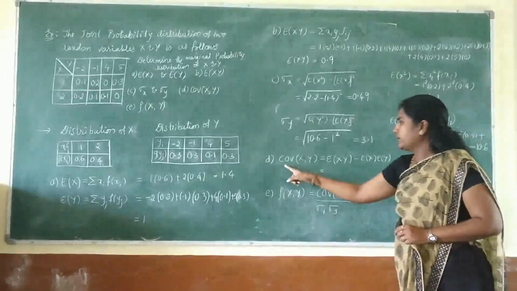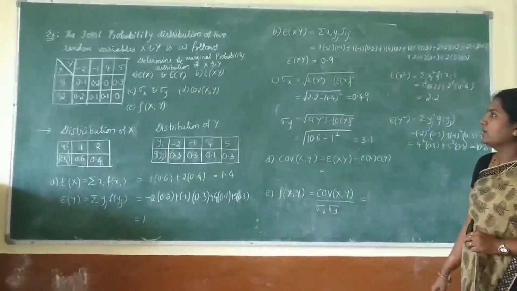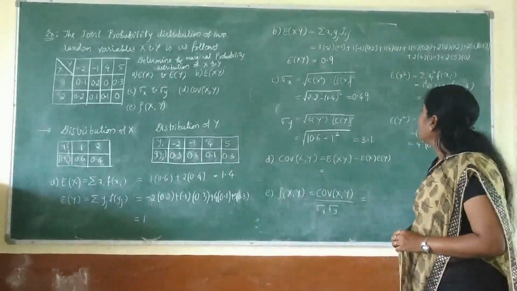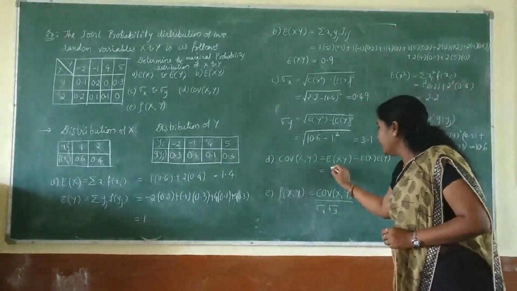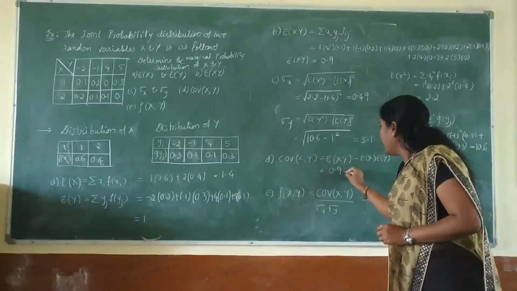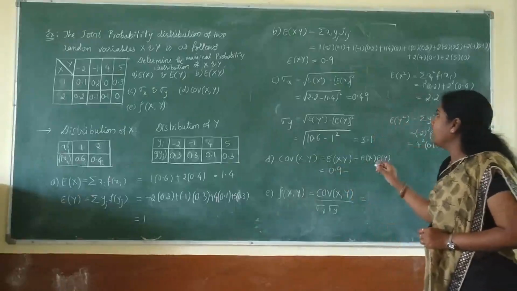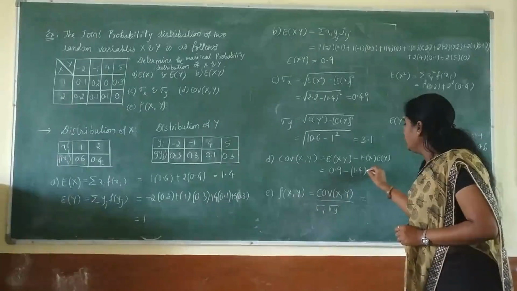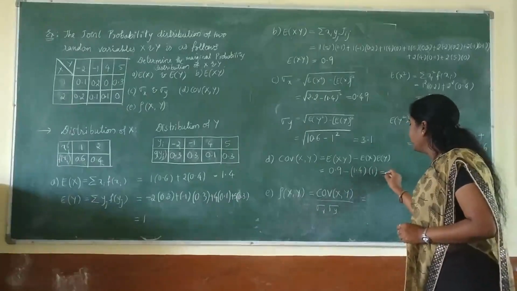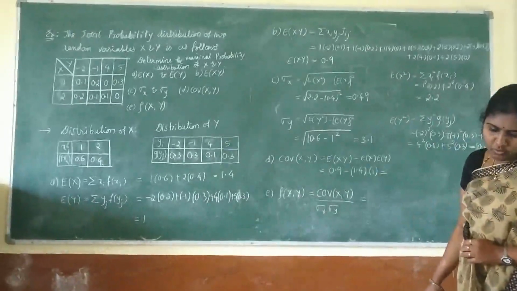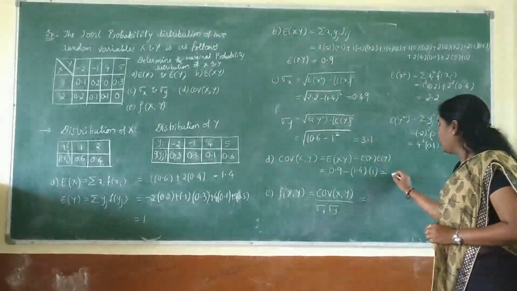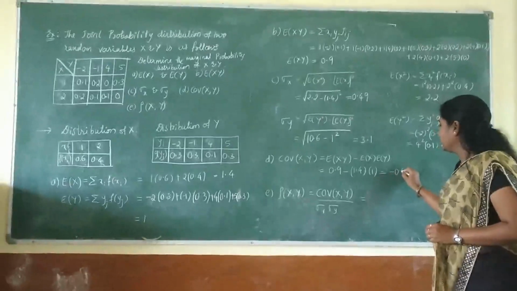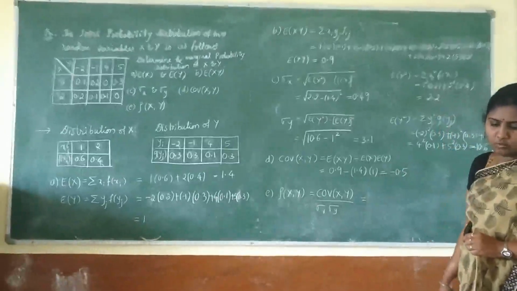Next is the covariance of xy. Covariance of xy is E of xy, which is 0.9, minus E of x into E of y, that is 1.4 into 1. Simplifying, we get -0.5.